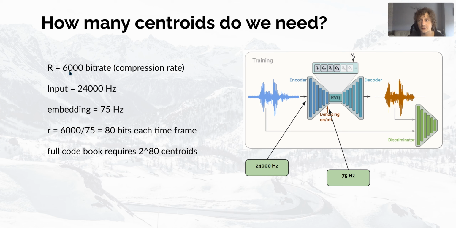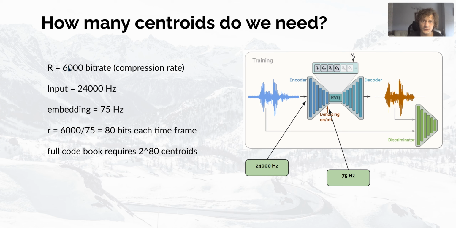We can use a different number here. We can use 3000, we can use 5, we can use 24. It's just for example. And basically, this is our compression rate. This is how much we want to compress our data, to which bandwidth or capacity we want to adjust it.